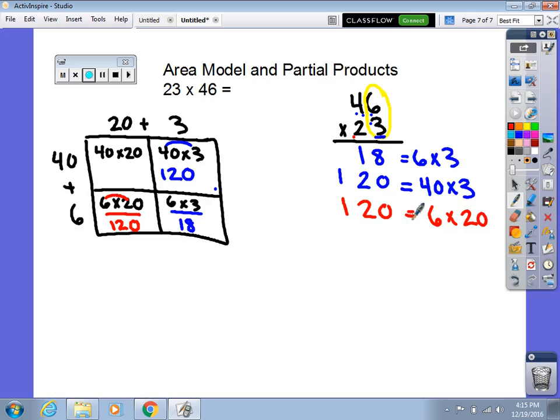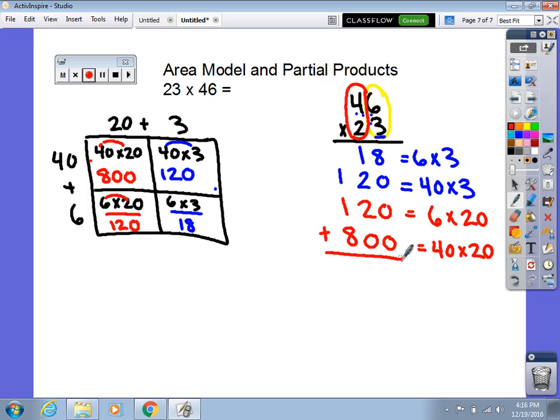The final problem that I have in the partial products is 4 times 2, but they're both in the tens place. So it's 40 times 20. And again, it's the same problem that's over here in my area model. 4 times 2 is 8. There's my 2 zeros. So now I have 800.